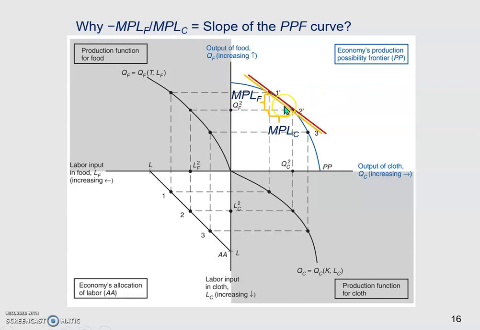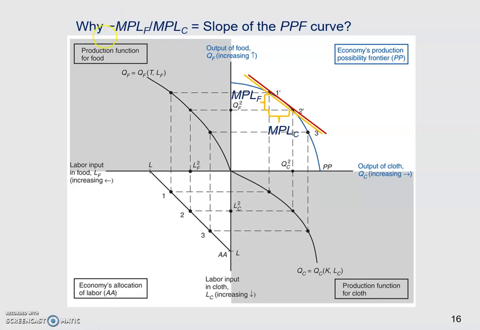Now from here you would be able to see that the slope of this orange line is just going to be MPLF divided by MPLC. So that's graphically, or mathematically, how we define the slope of this orange straight line. Now, because it's downward sloping, we have to have this minus sign in front of it.